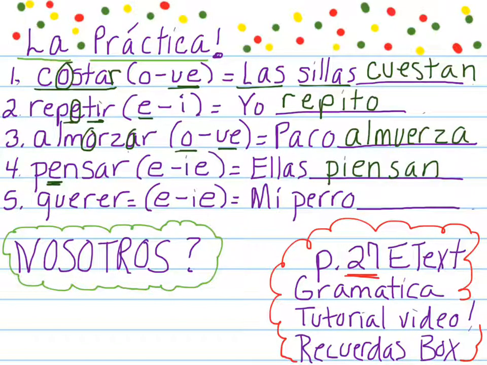So how about my dog, my poor little dog? Okay, well, he wants something, and it's going to be querer, meaning to want, and it's an E to IE stem changer. So which E? Not this one, that's first. Here's number two, that's the one we're dealing with. Okay? So, my dog is a he, so I'm putting this in the he form, which is the él form, which is the third person singular form.